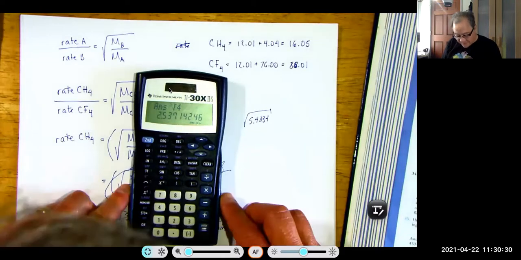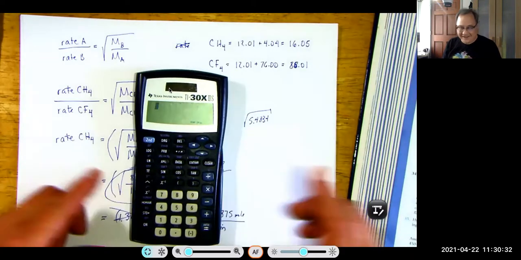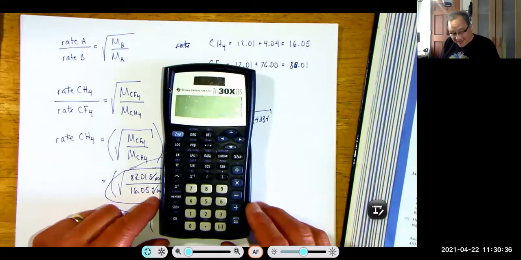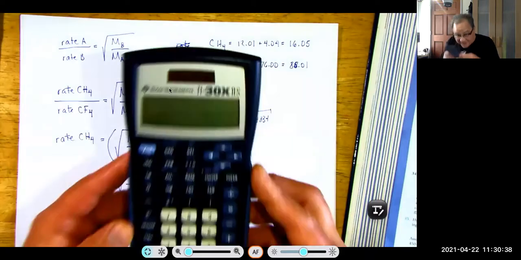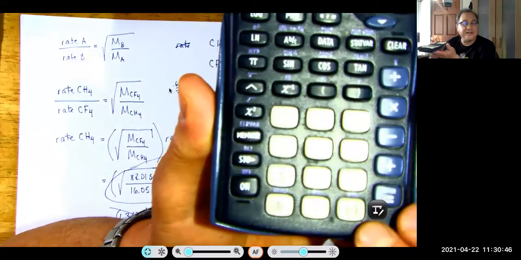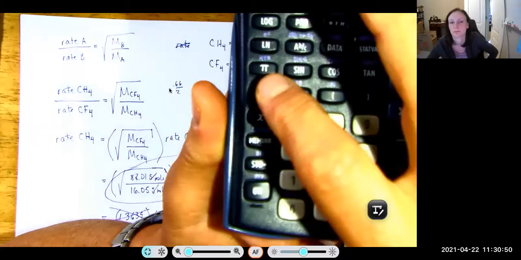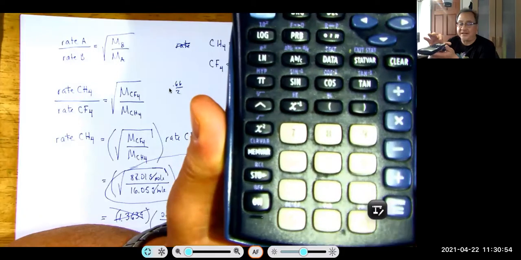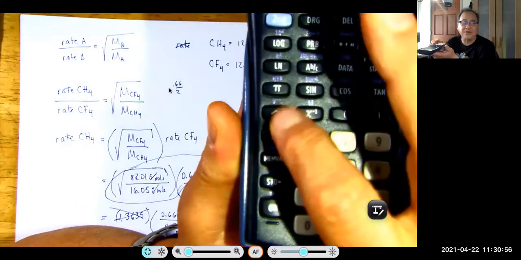Oh, I know what I'm doing. Excuse me. Now that I look at this more closely, do you see the caret? No. That says X root. Do you see the, oh, X squared? That's square. I've been pushing the wrong button.